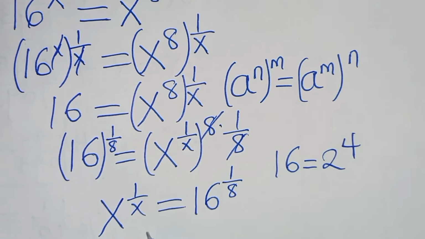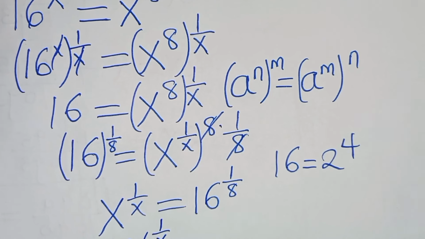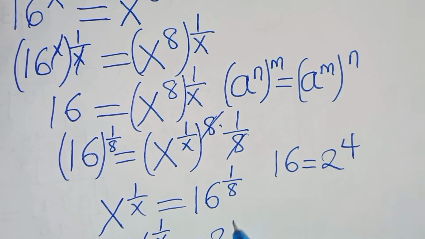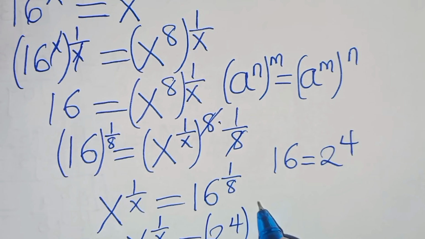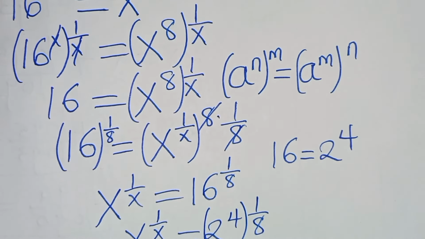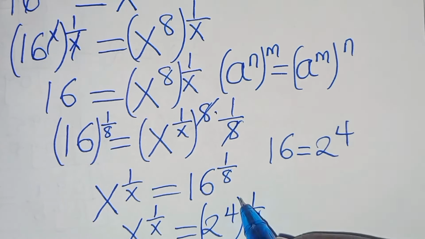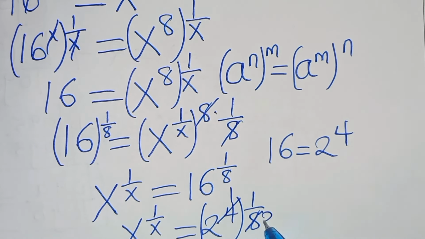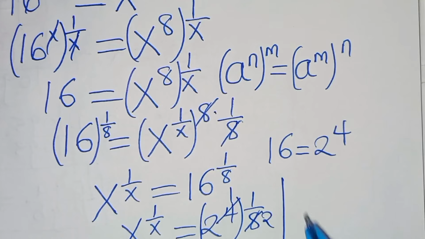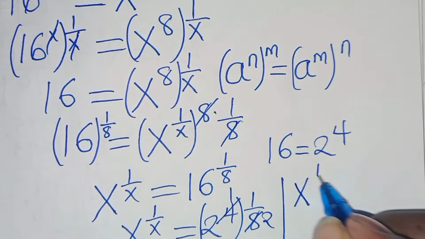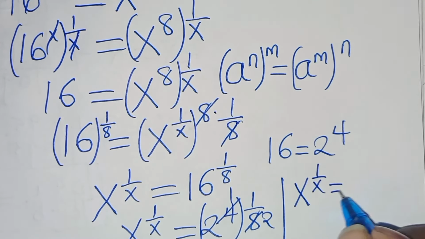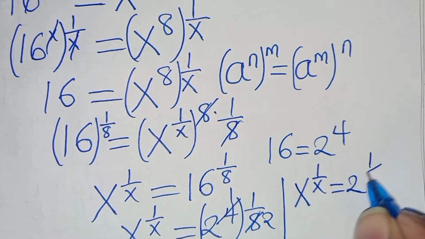So therefore, we have x to the power of 1 over x equal to 2 raised to the power 4 raised to the power 1 over 8. So let's simplify here. So 4 over 8 divided by 4, this is 1 over 2. So we have that x raised to the power of 1 over x is equal to 2 raised to the power 1 over 2.